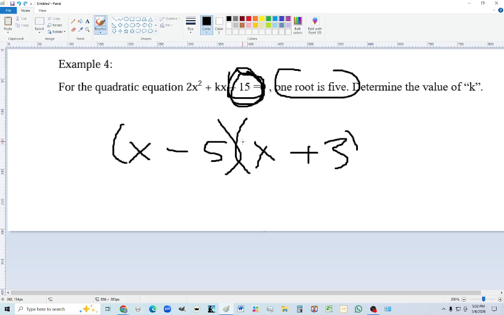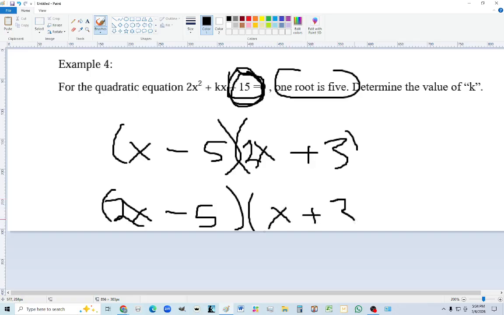And then one of these has to be a 2 because of this 2. So it's either this one or this one. So it'd be 2x squared plus 3x minus 10x minus 15, or this. So maybe they're trying to test us on that. It has to be one or the other.